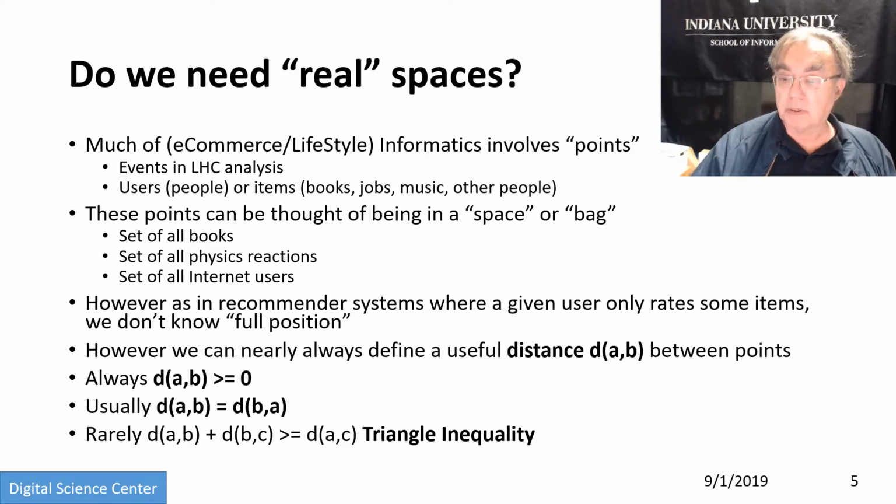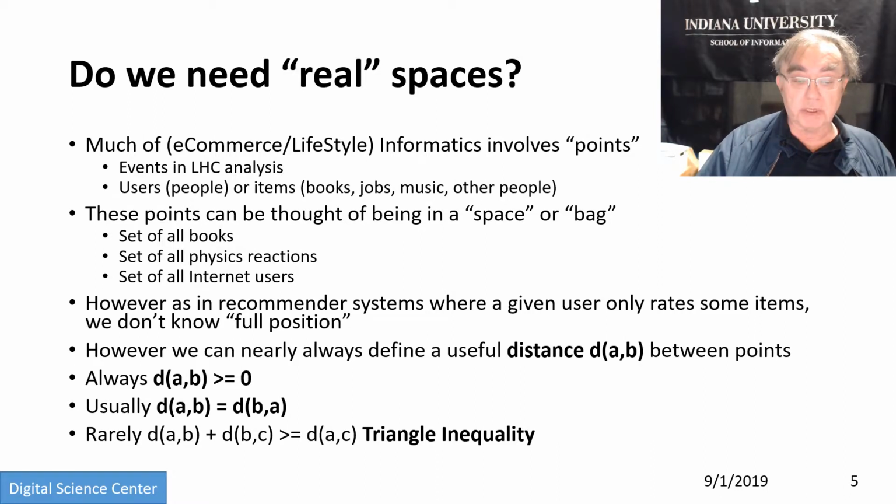And you are usually looking at distances, because in almost all these problems, you're looking at nearness of items together. Is a given event, or are two events, Higgs because they're near each other in some space? Is a movie likely to be one I watch because it's near another movie I watch, and so on.